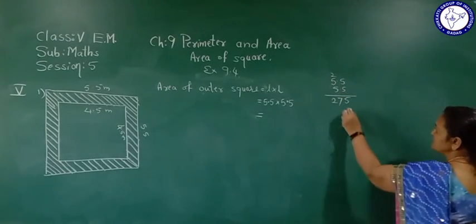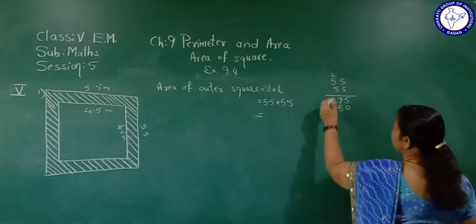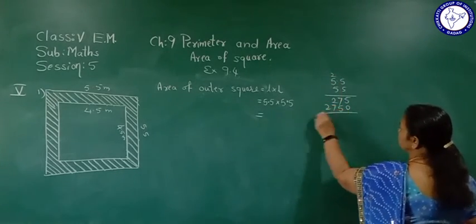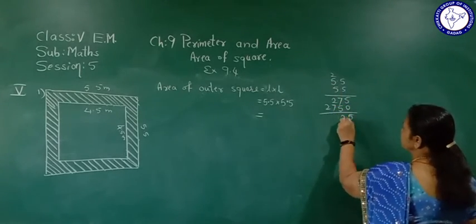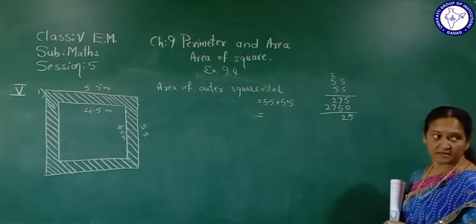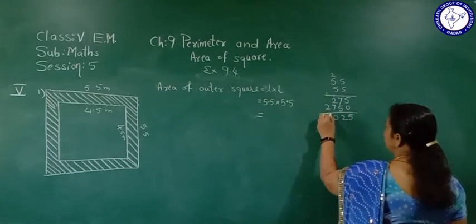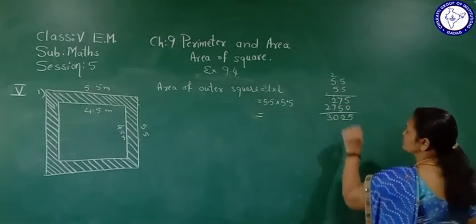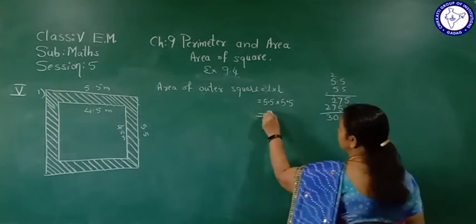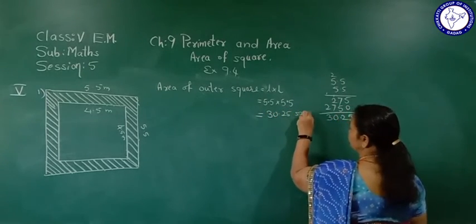Then add 0 here, again 5 5s are 25, carry 2, 5 5s are 25 plus 2, 27. So here 5 plus 0 is 5, 7 plus 5 is 12, carry 1. Then 7 plus 2, 9, 9 plus 1, 10, carry 1, and 1 plus 2 is 3. So here after 2 digit we should keep a decimal point, and it is 30.25 square meters.